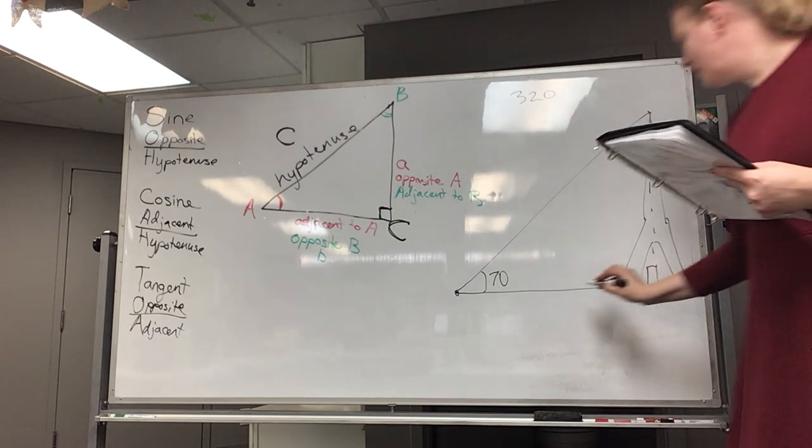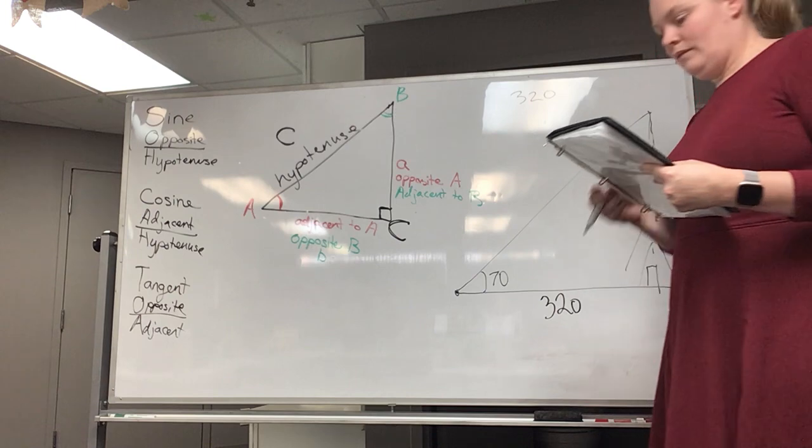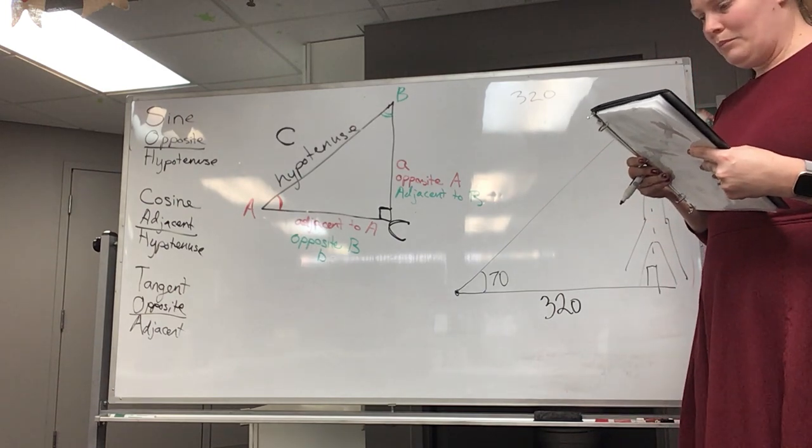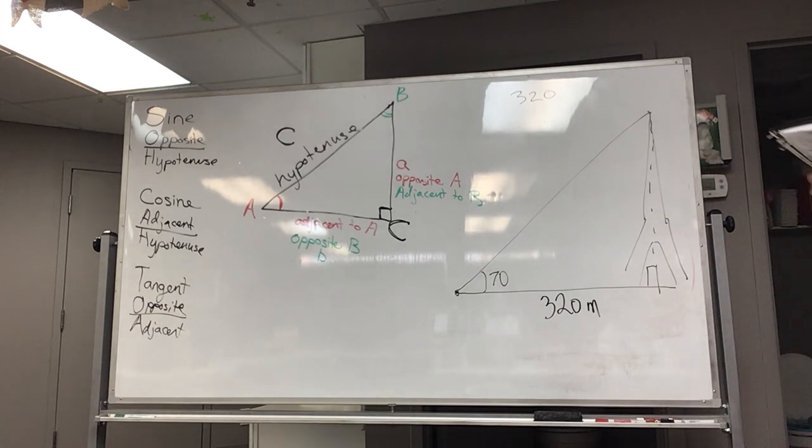But we're going to assume that they told us we were 320 meters, because they mentioned meters, away from the base. So again, bad test, that's trouble. I want to look at it and double check if I'm not missing something, because that's driving me crazy.